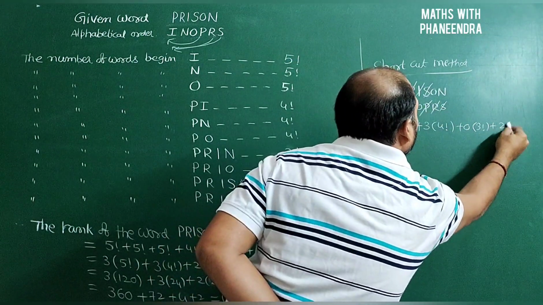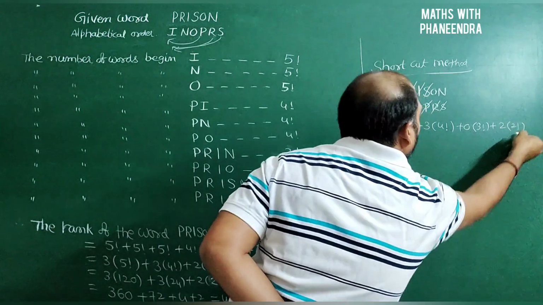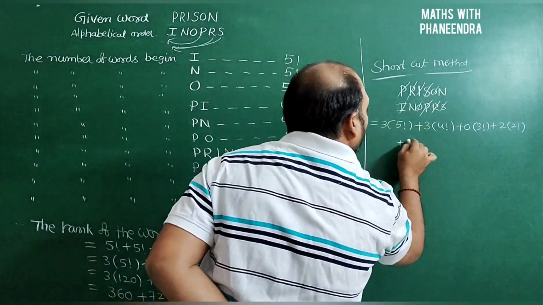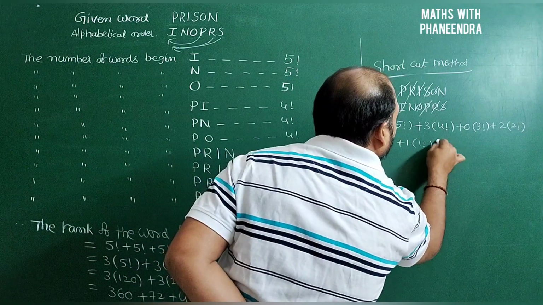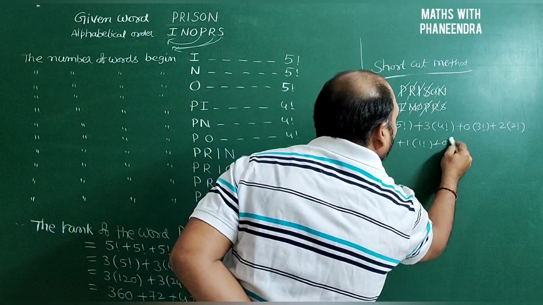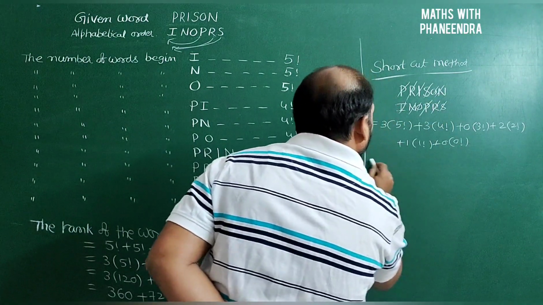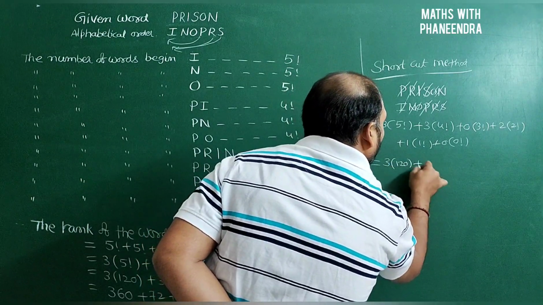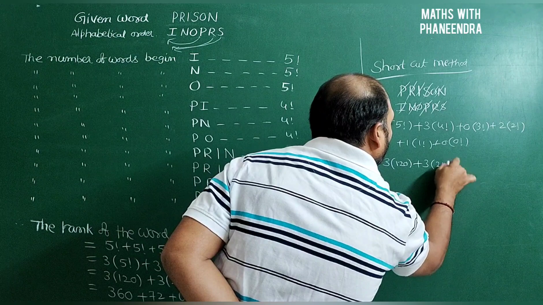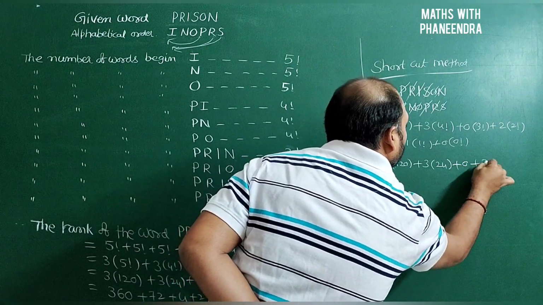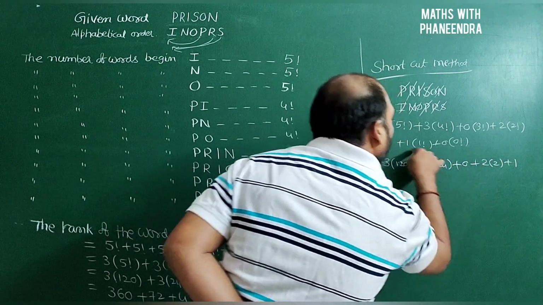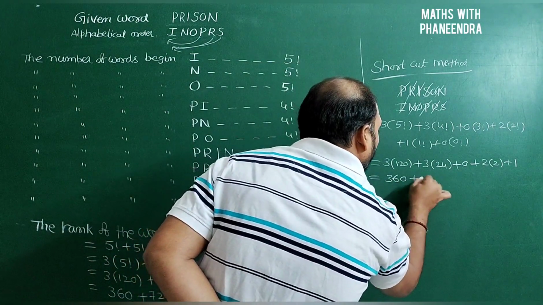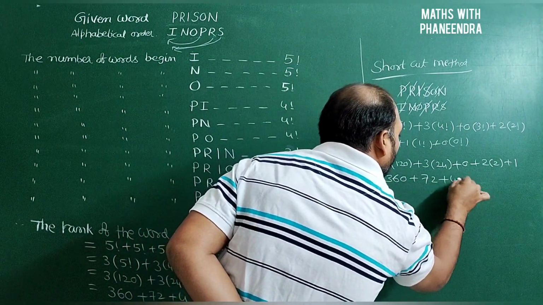Remaining 2 is there. 2 into 2 factorial. Plus O gets cancelled, remaining is 1 into 1 factorial, plus N gets cancelled, 0 into 0 factorial. So 3 into 5 factorial means 120, plus 3 into 24, plus 0, plus 2 into 2, plus 1 into 1 factorial is 1. So 360, plus 72, plus 4, plus 1.